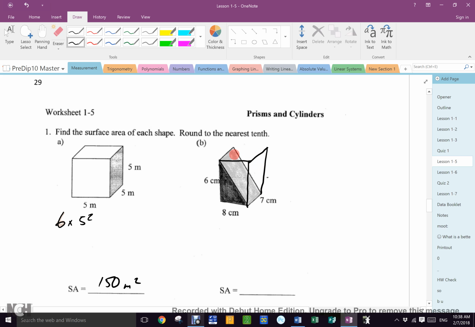What did I just draw? So, if I go 6 by 8, 6 by 7, and 8 by 7 and multiply it by 2, I would get the whole thing, wouldn't I? Then I could do a prism divided by 2 plus this rectangle here, which would be 7 times the square root of 100. And I would get the same answer.